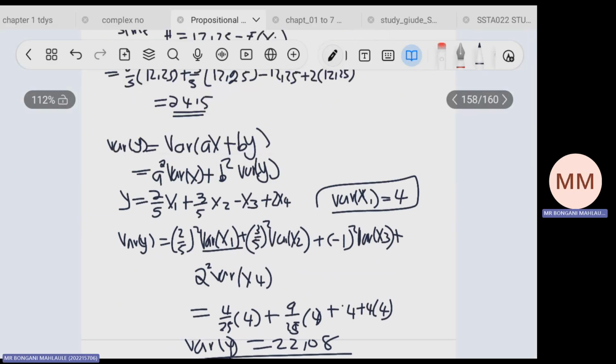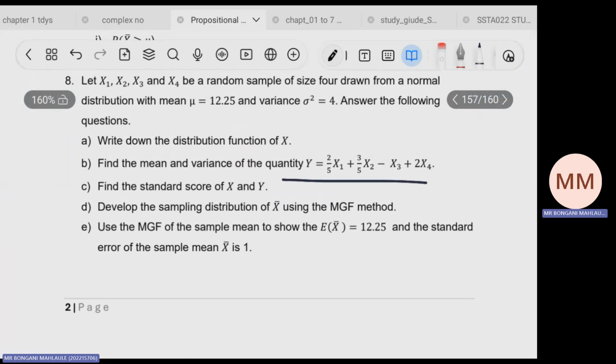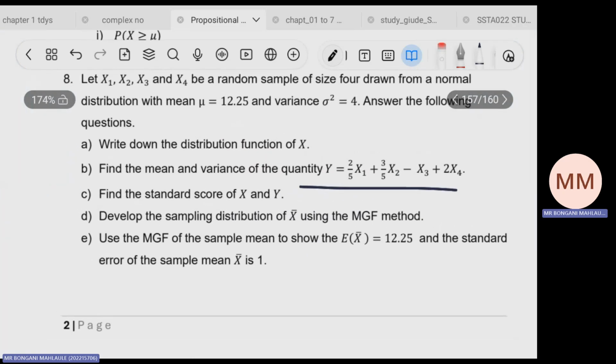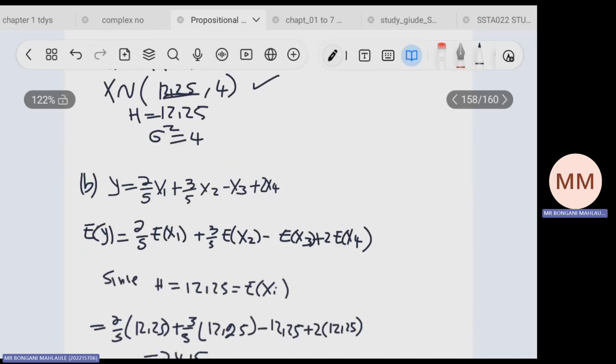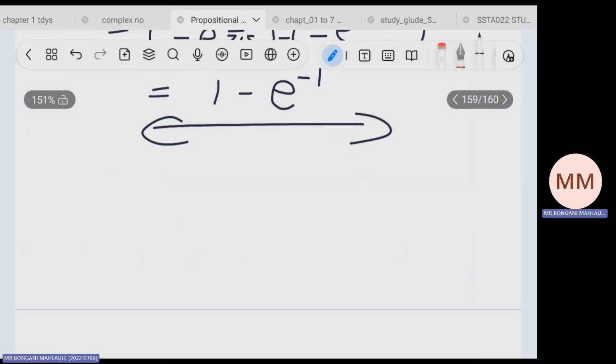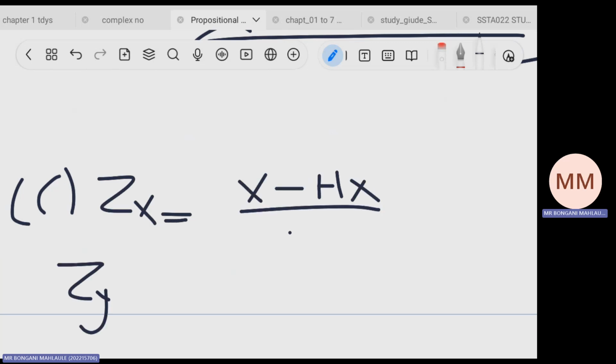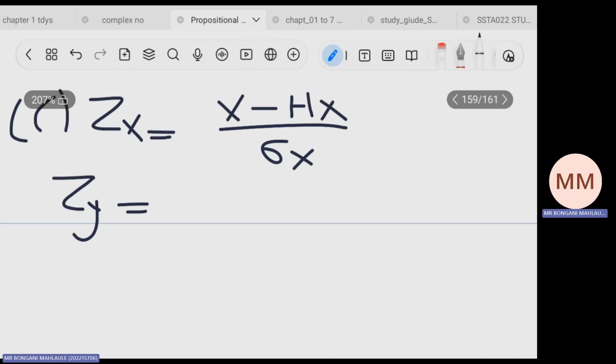Now let's see the next question. They say find the standard score of x and y. Okay, so the standard score of x and y, it will be x minus mu x over sigma x, and y minus mu y over sigma y.